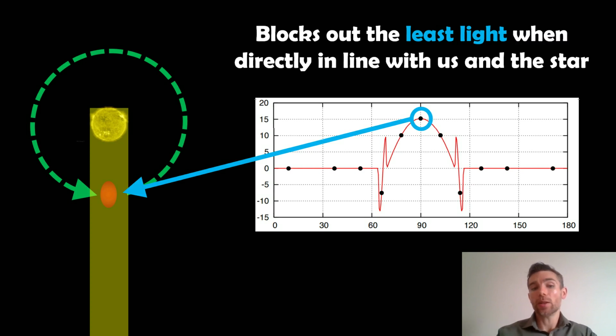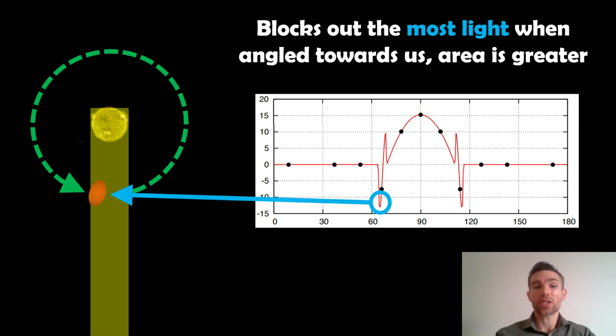So when it's bang in the middle of the transit, the line of sight area that it blocks out from us as we observe it is actually the least, because it's been tidally pulled along our line of sight. The area the planet blocks out is less there. So that's why the midpoint is blocking out the least amount of light.